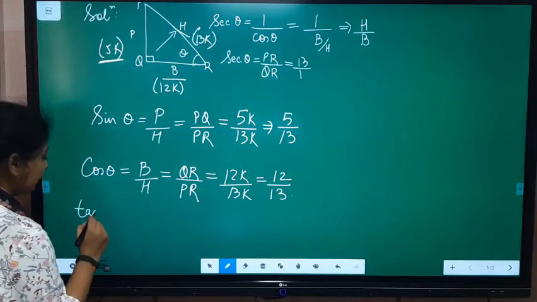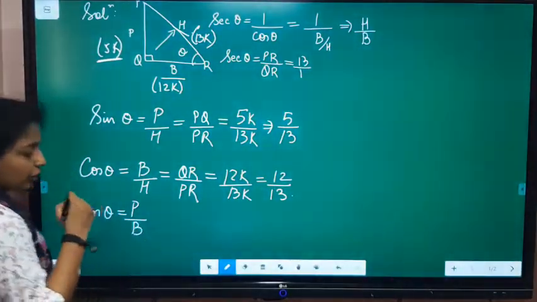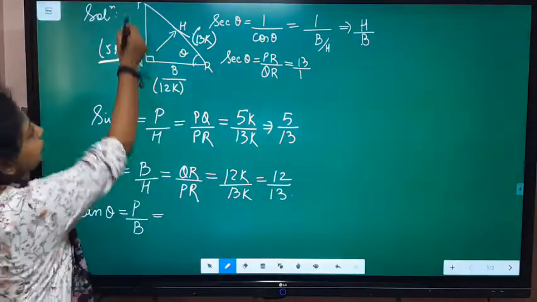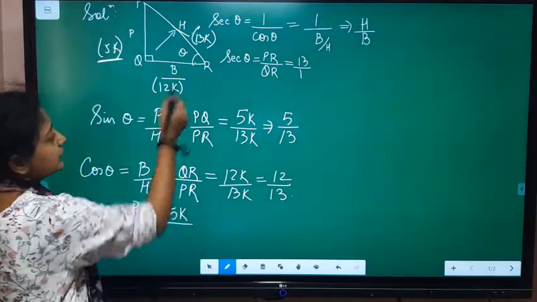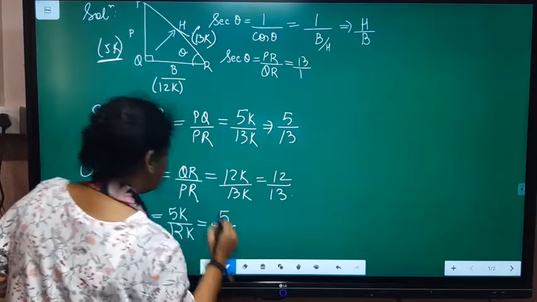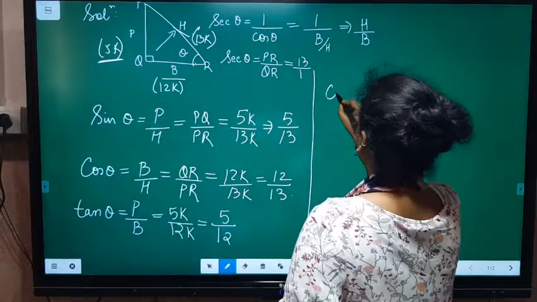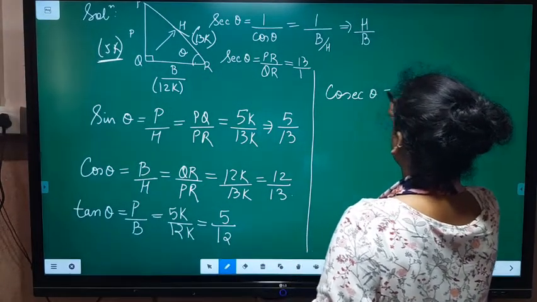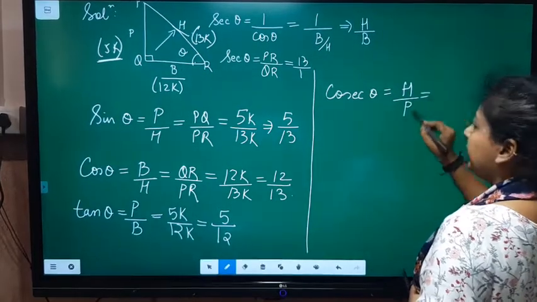Next we have tan theta. Tan theta equals perpendicular upon base. Here the value of perpendicular is what? 5K and the value of base is what? 12K. So, we have the value 5 by 12. Sec theta we already have. The value of cosec theta: cosec theta is the reciprocal of sin theta, that is hypotenuse upon perpendicular.